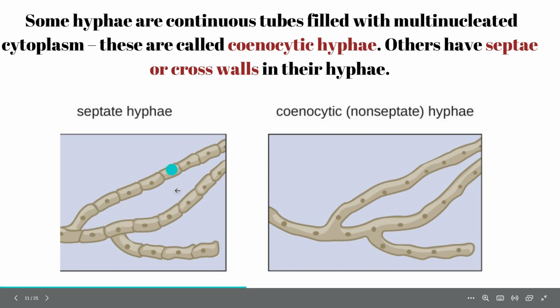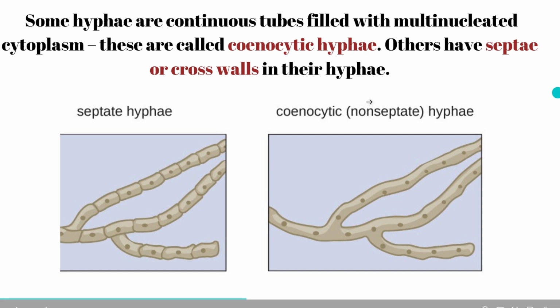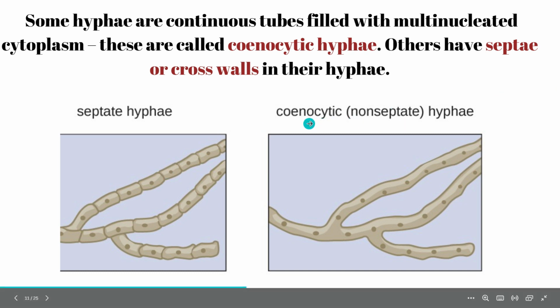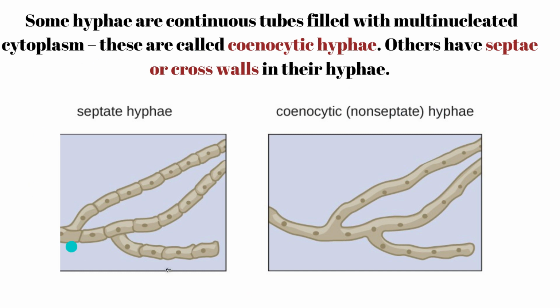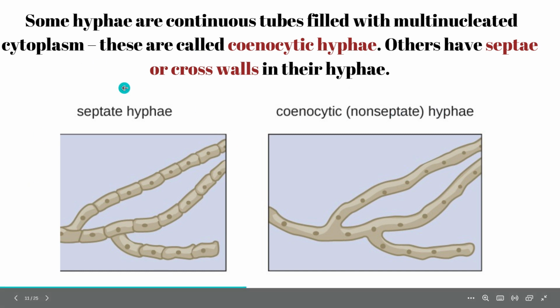Here you can see the individual wall-like structures. So this is called coenocytic or non-septate hyphae, and this is called septate hyphae.